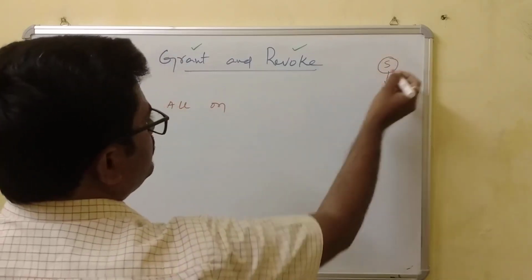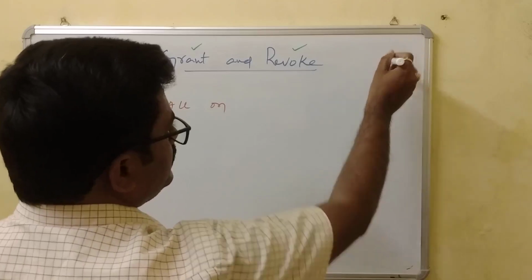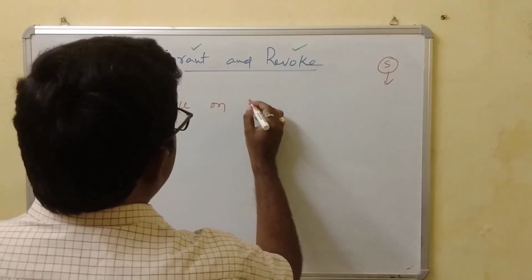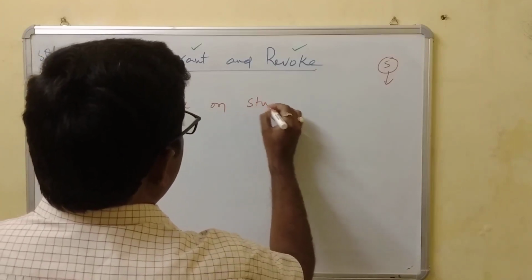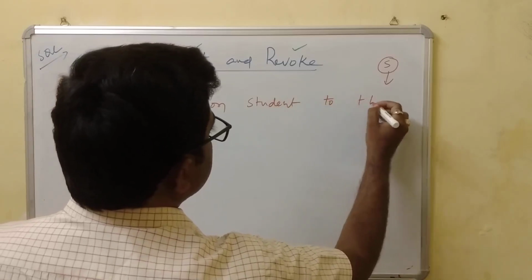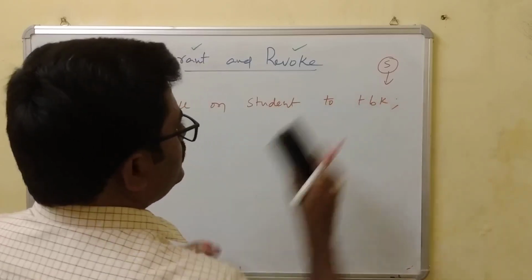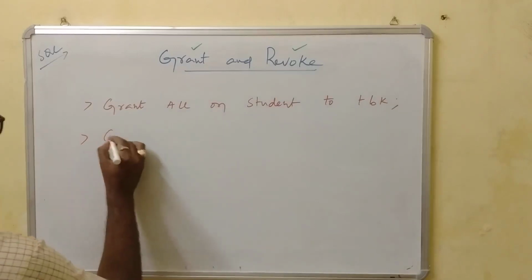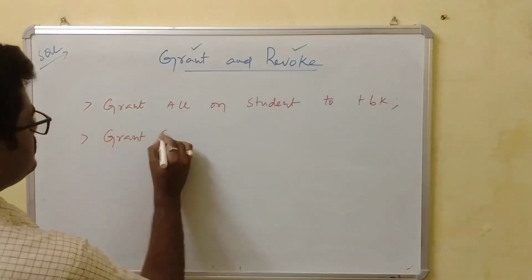We are giving the permission on the student table to the TBK user to work on this table. That's why: grant all on student to username, the username is TBK, right? We will get the prompt: grant succeeded.